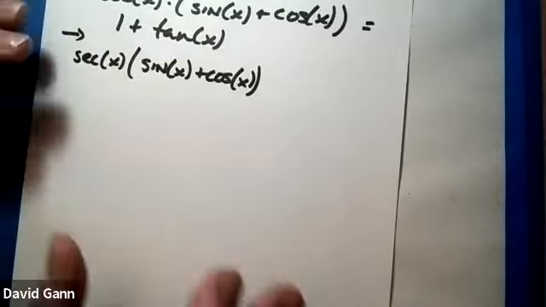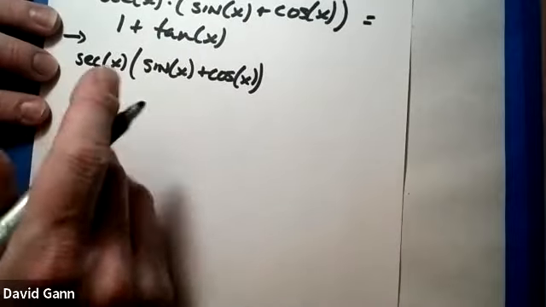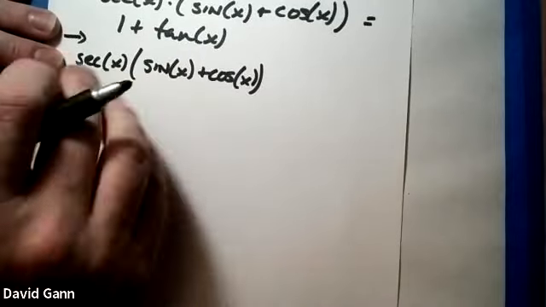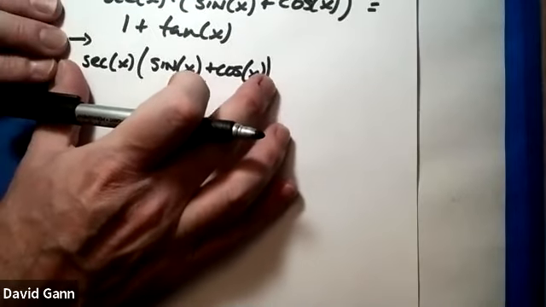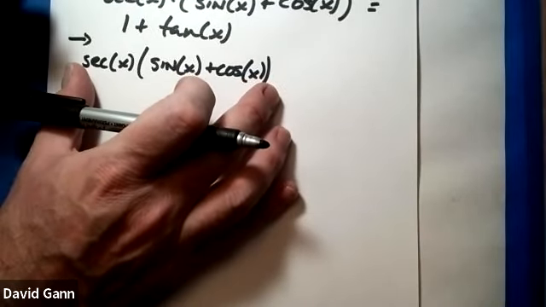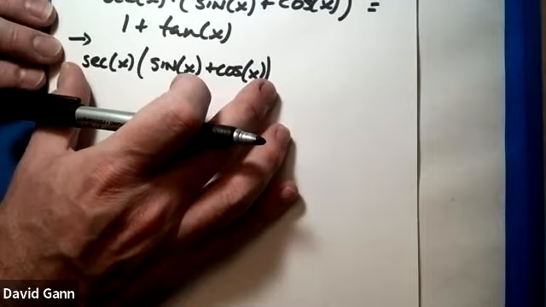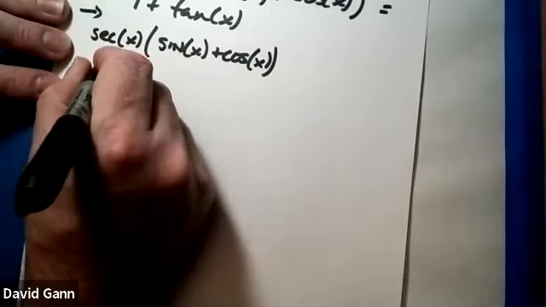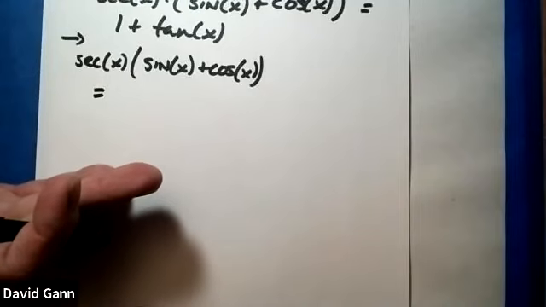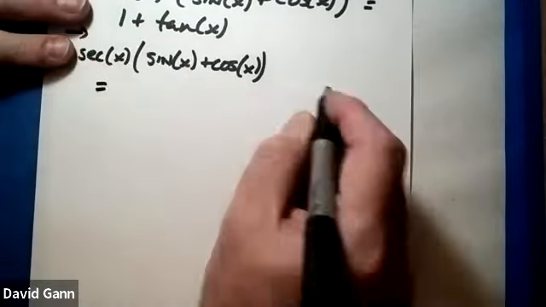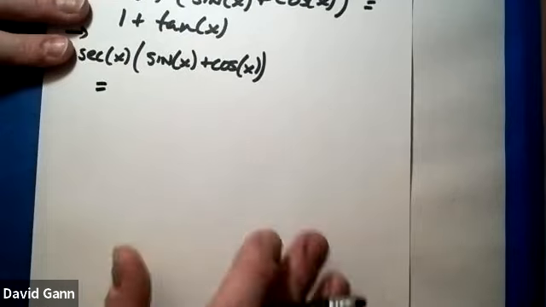So since my space isn't quite as big as I'd like, I'm going to jump down to the next line here to start my equals. So you have the original statement of the left-hand side. It could start with the right-hand side, but we started with the left. And then this will be connected by a series of equal signs until we end up with 1 plus tangent of x at the bottom. And we'll keep a running total of our rationale over here to the right.